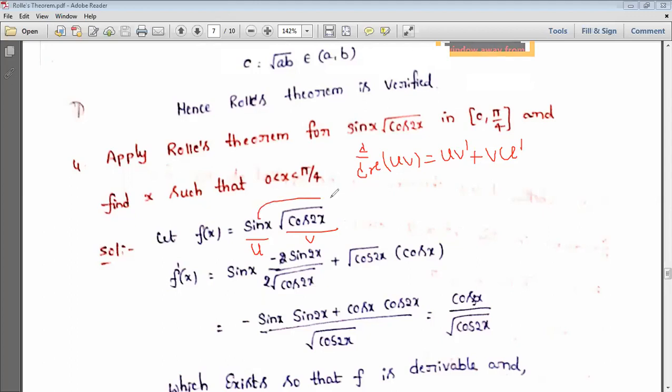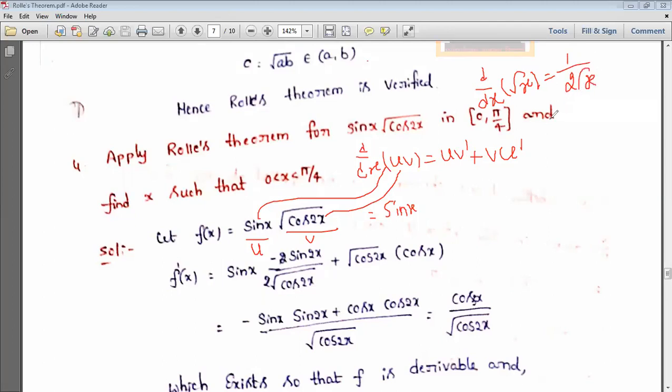Here u is this one, and v is this one. Now you can apply the derivative. First we write u as sin x, and next v dash is the derivative of square root of cos 2x. You already know the formula: d by dx of root x is 1 by 2 root x.